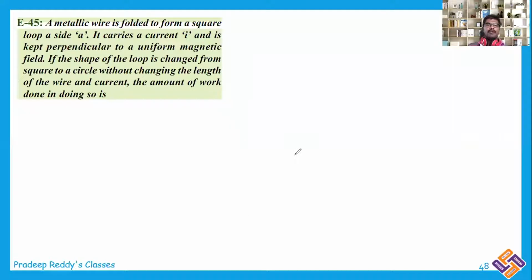So students, in this problem, a metallic wire is folded to form a square. This is a square loop and its side is a.